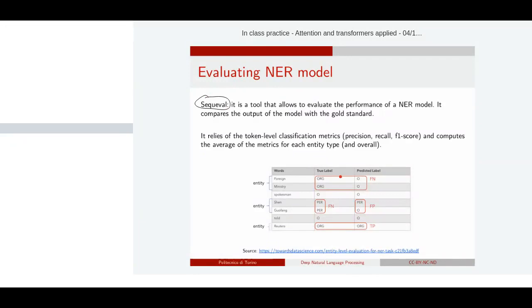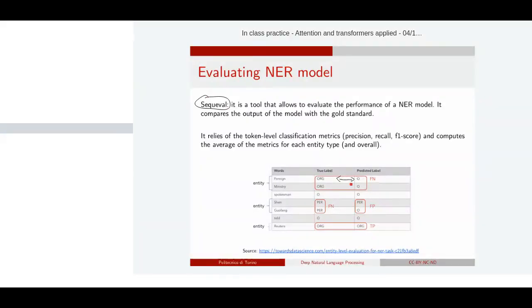So for each token you can define if the label predicted by the model is the same as the true label in the ground truth.